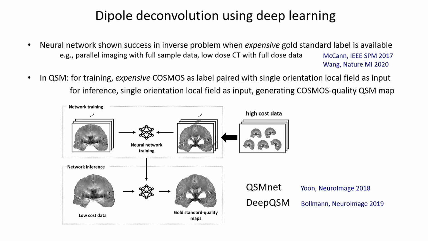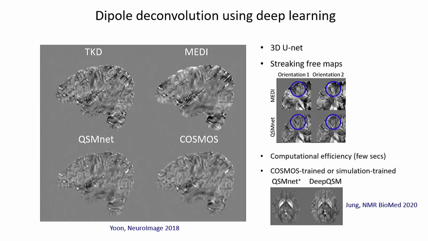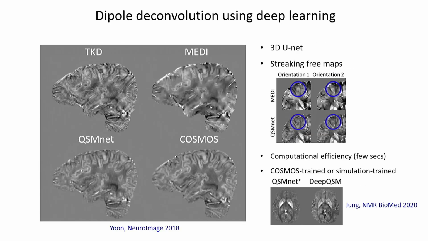We can do the same thing for QSM. We have this expensive COSMOS label and match it with single orientation data so that we can teach the network how to do the processing of QSM. And for inference, you can still use a single orientation, generating these COSMOS quality images. And that has been done nicely in some of the works.